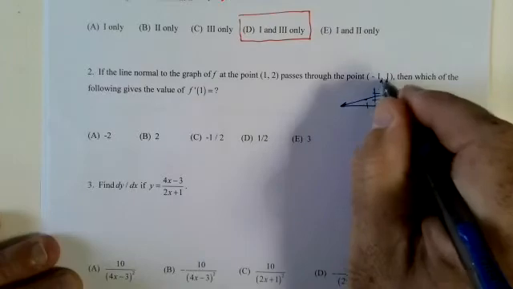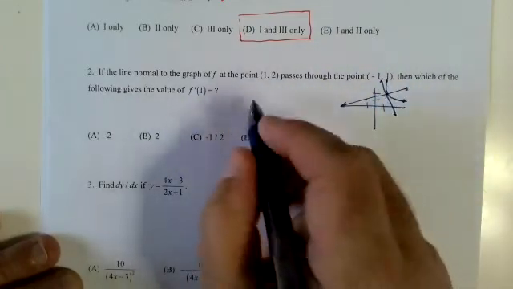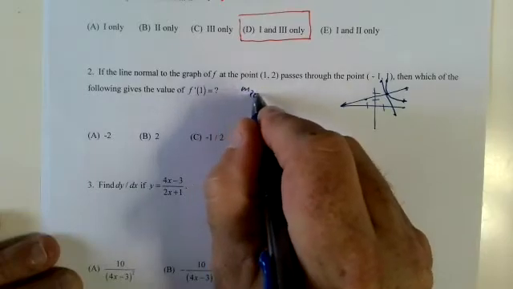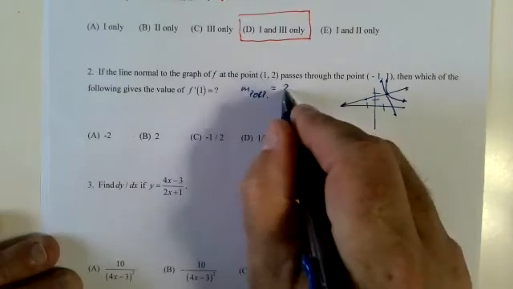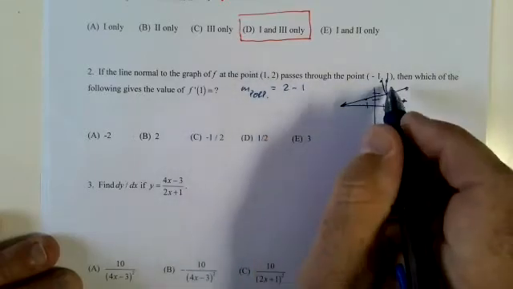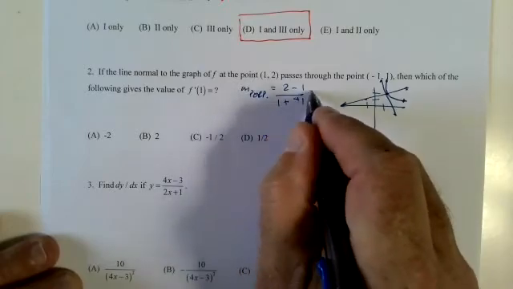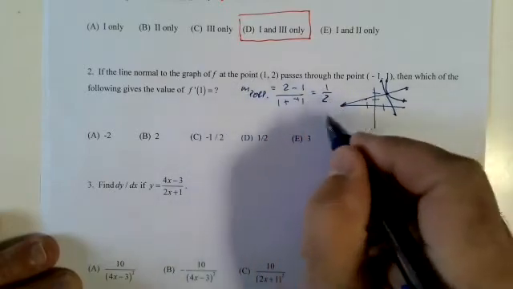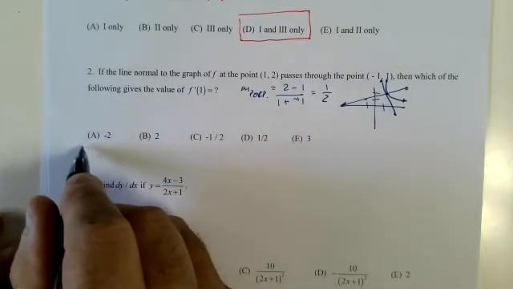The tangent line is the derivative of that curve at that point. So the slope of the perpendicular, really should say normal, is 2 minus 1 over 1 minus -1, which equals 1/2, which makes sense if you look at it. So the slope of the tangent is -2.